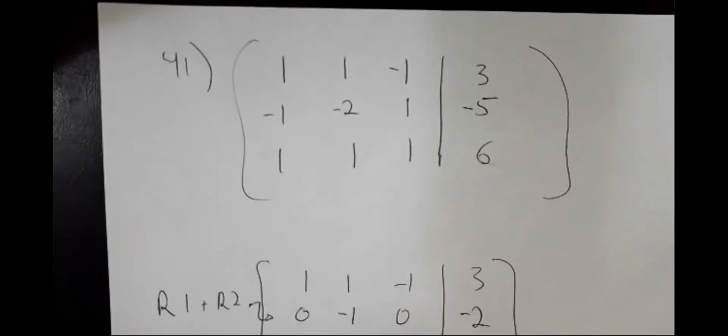What'd y'all get for 41? I got 2.5, 2, and 1.5. I need to figure this out because I'm not even getting what they're getting in the book. I've only done the first step and I'm stuck. I don't know what to do.